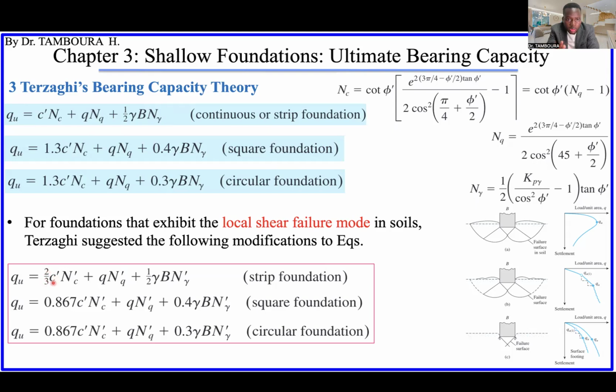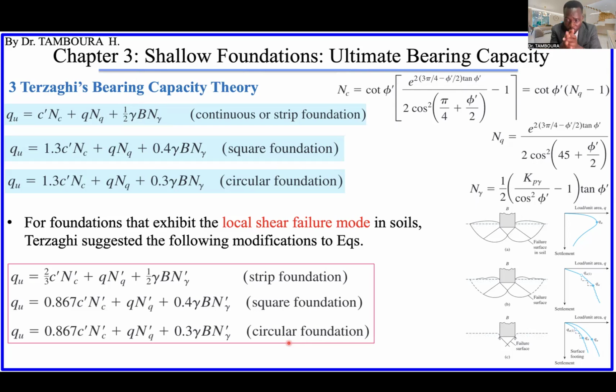That's all. For square foundation, we have this. You can compare it with this one. For circular foundation, we have this. Compare it to this one. This is in case of local shear failure mode in the soil.